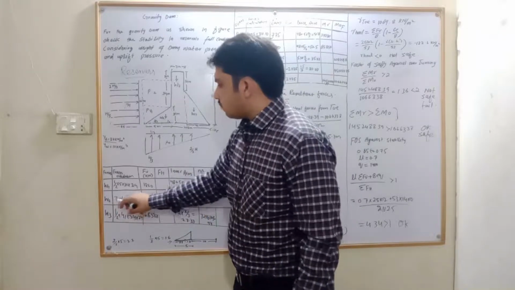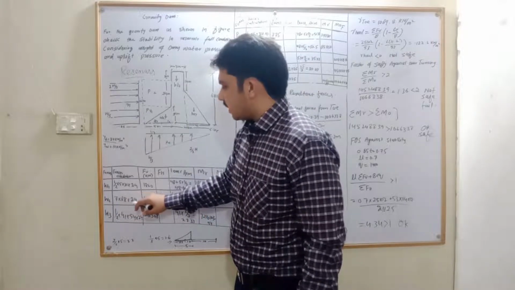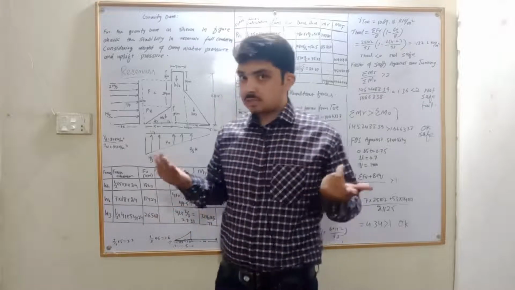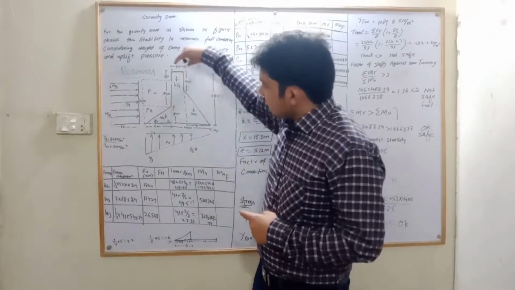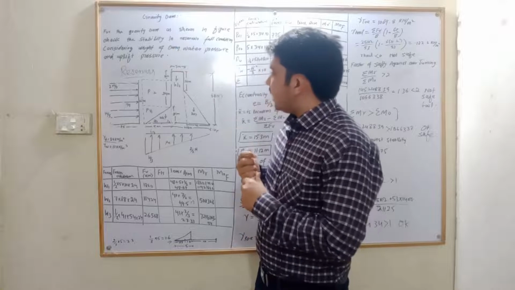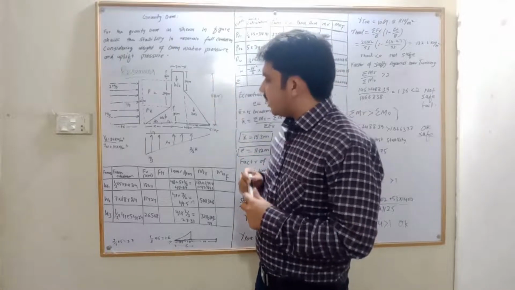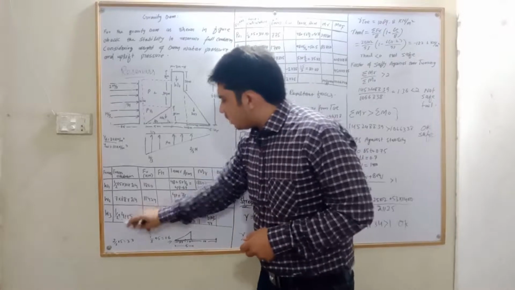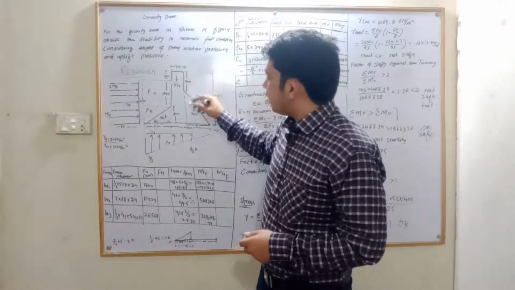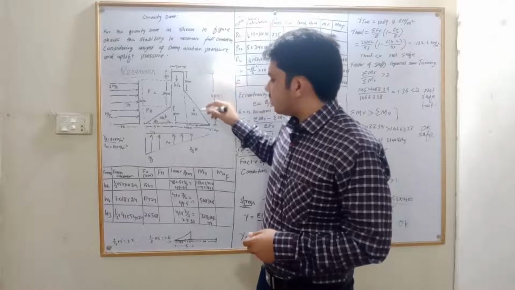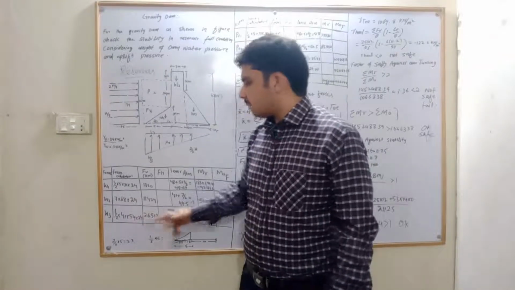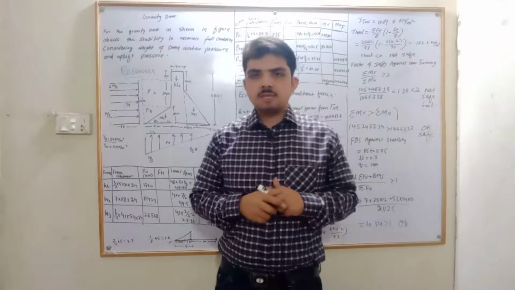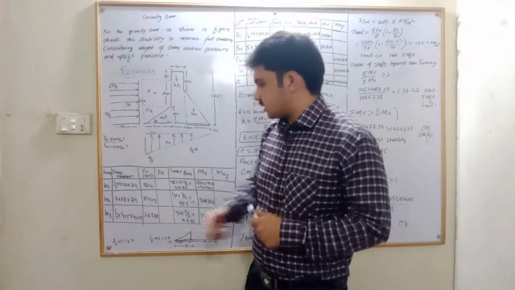So W2 is equal to 7 multiplied by 68 multiplied by 24. 7 is the width of the dam, 68 is the height of the dam, and 24 is the density of dam material. Similarly you can find here 41 multiplied by (66 minus 14), which is 44, multiplied by 24, the density of the dam material. You will get this answer.